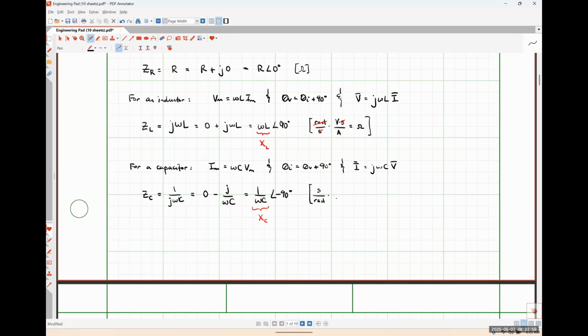So I'm going to have amp seconds in my denominator and volts in my numerator. Once again, seconds cancel seconds. Radians is a dimensionless quantity, so that goes away, and we're just left with volts per amp, meaning that the unit of impedance for capacitance is also the ohm.